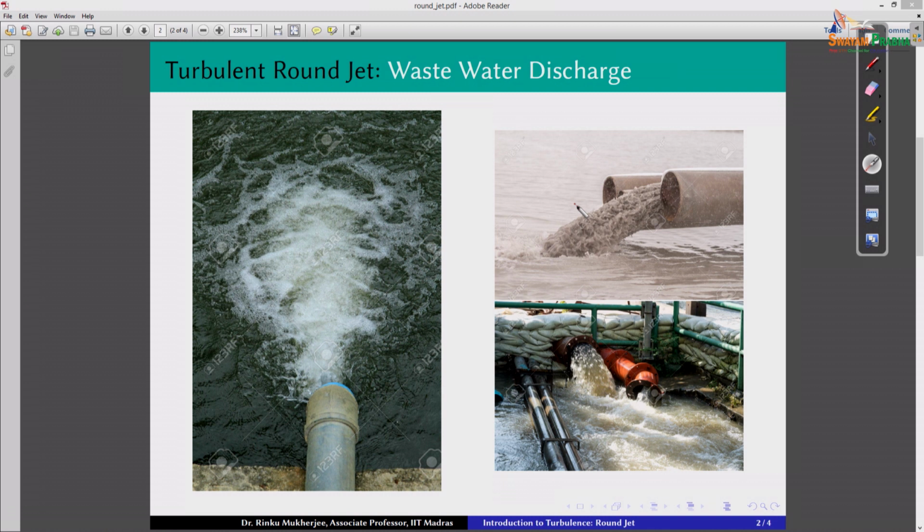And again, like I said, what exactly are we looking to study here? I understand this is a round jet and all of that, and these pictures are exactly similar to what we are studying there. But then, how do I figure out what exactly it is that I'm trying to look at when I say I want to study the round jet?